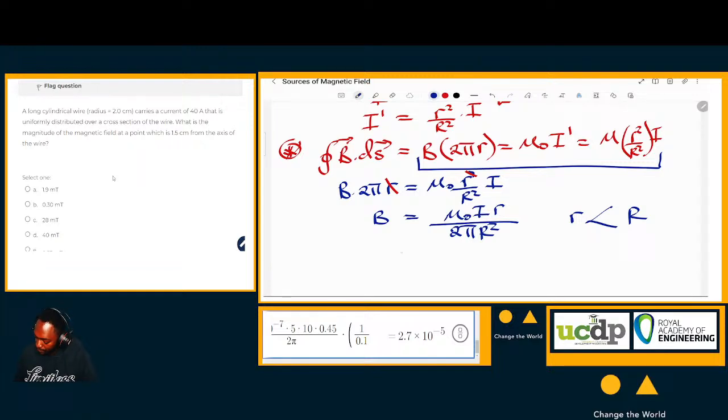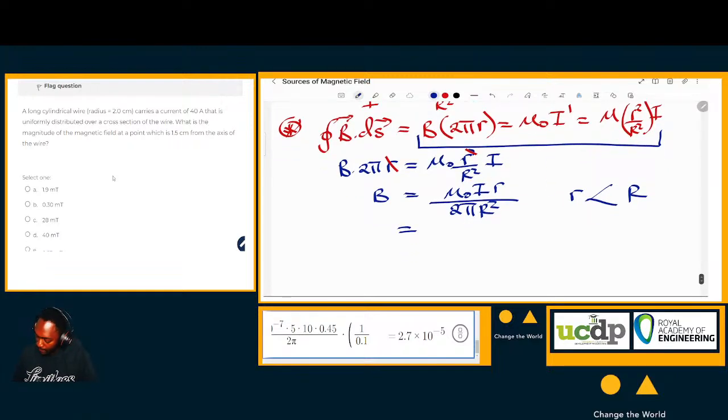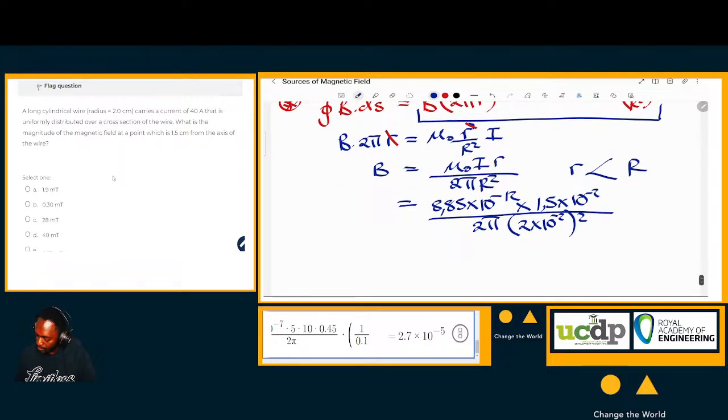Okay, now the value for mu naught, okay, so we can use 8.85 times 10 to the negative 12 times the radius, which is 1.5 times 10 to the negative 2, because it's in centimeters, over 2 pi times 2 times 10 to the negative 2, all squared rather.